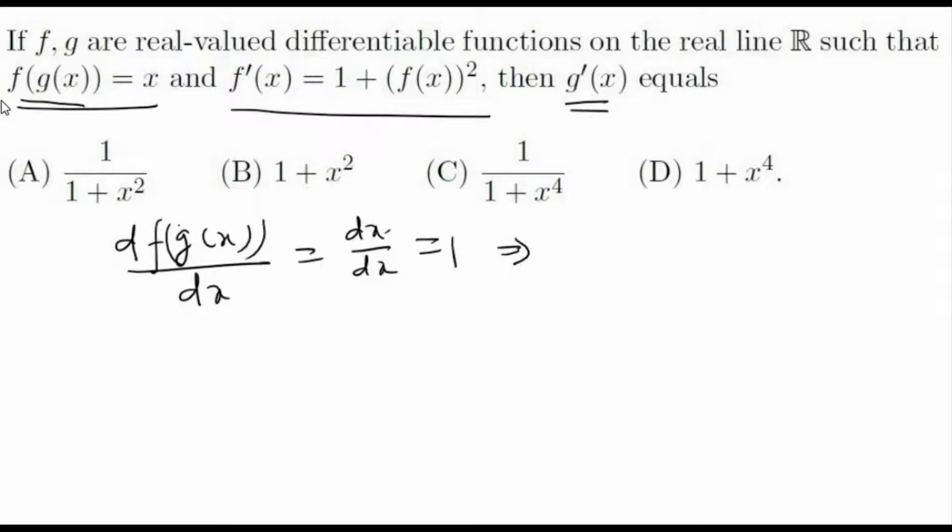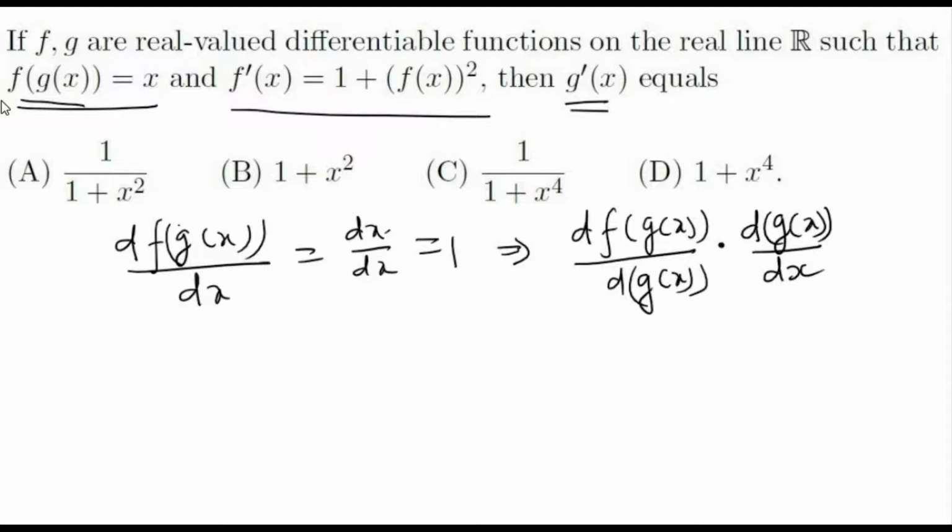I will differentiate this function, instead of x, with respect to g of x. So I'll put d of f of g of x, and then d of g of x here, and to neutralize this one, I'll do the chain, d of g of x over dx is equal to, we have just computed, 1.